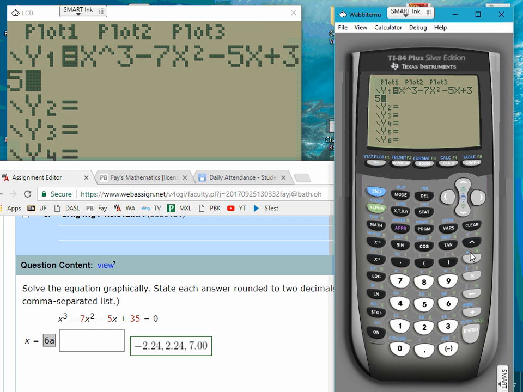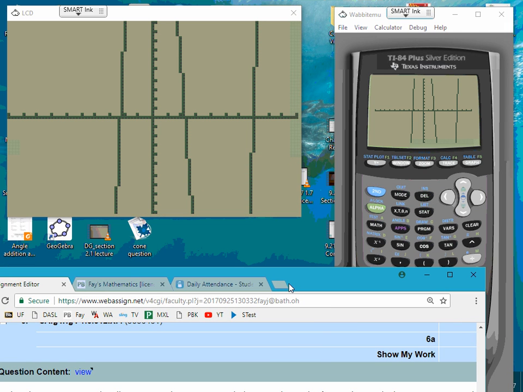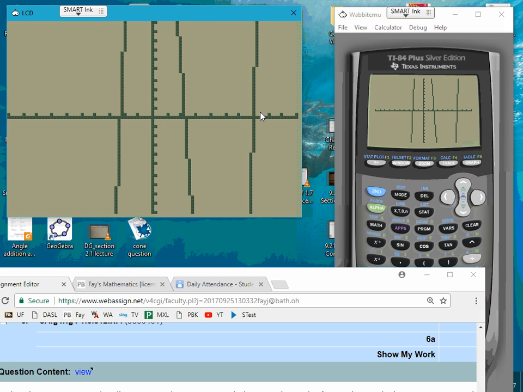I'm going to go to graph and just see what my graph looks like now. Looking at this, I don't get the entire cubic. Okay, it's going to kind of look like an inverted S. But I don't really care as long as I have the 3 intersection points that we're looking for.